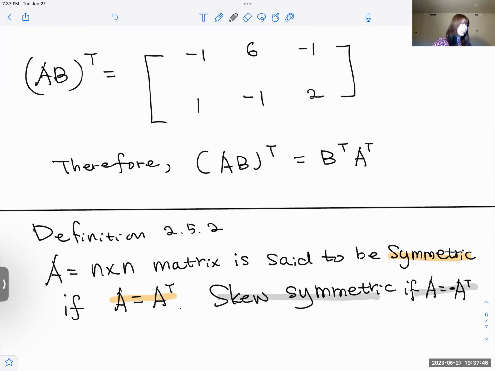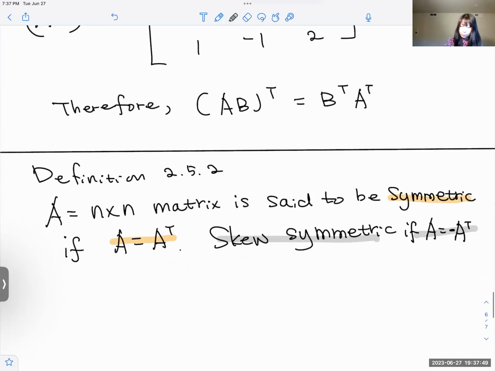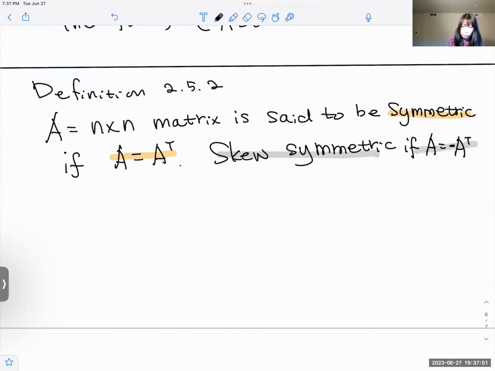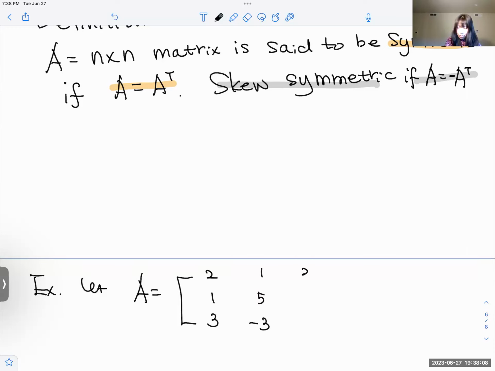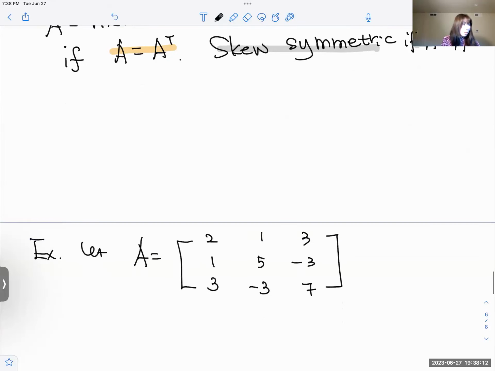Okay, let us do this. Let A equal 2, 1, 3, 1, 5, negative 3, 3, negative 3, 7. Show that A is symmetric.